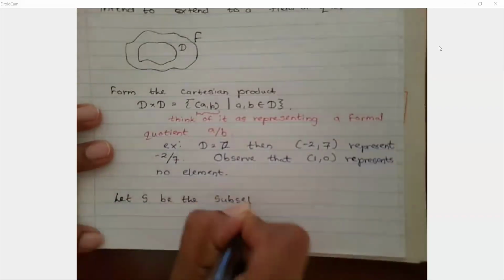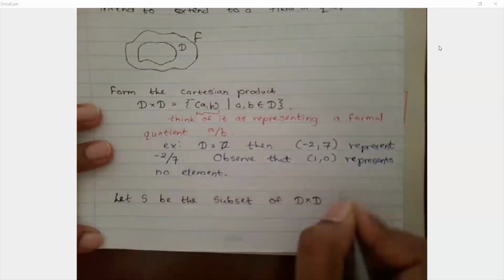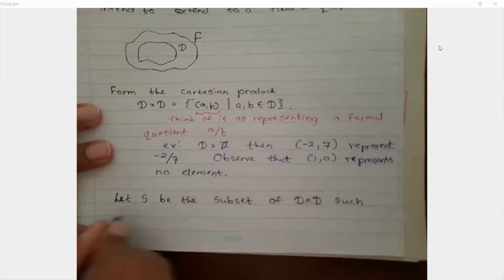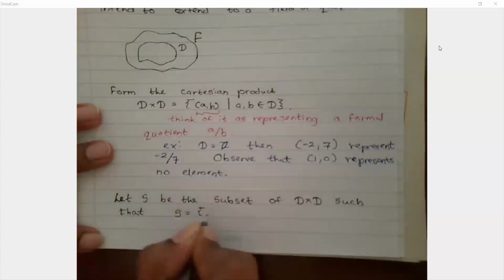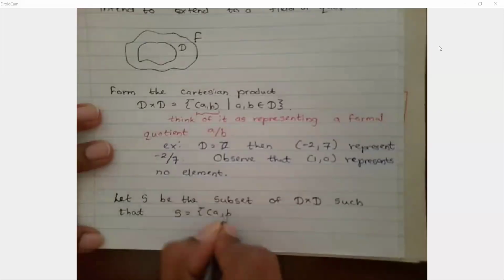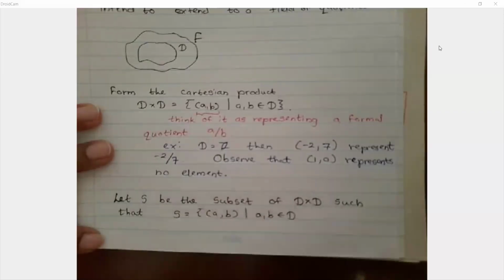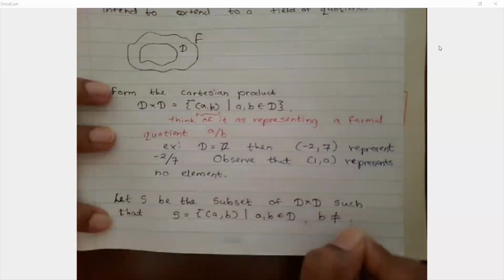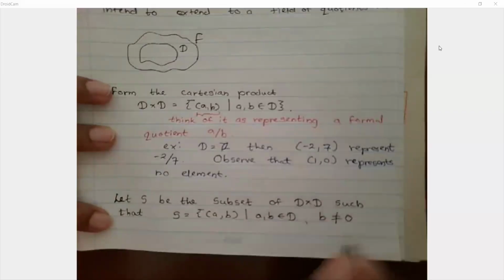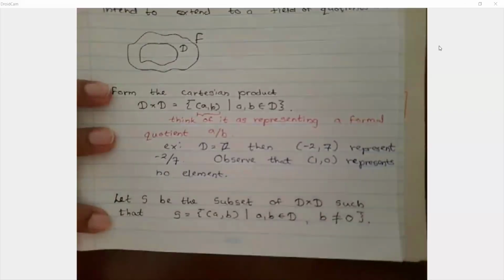let S be the subset of D cross D such that S contains all elements A, B where A, B come from D and B is not equal to the additive identity, which is denoted by 0, right?